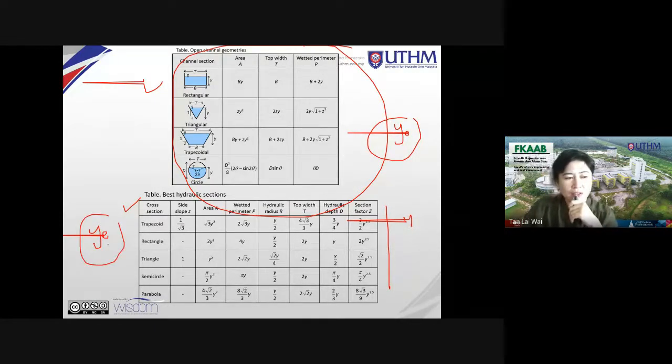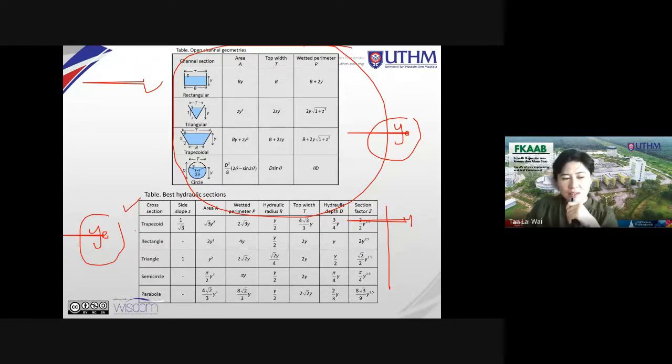Subscript E stands for effective. So sometimes you'll see that I have A subscript E, B subscript E. I'm using all those. It actually represents effective section.